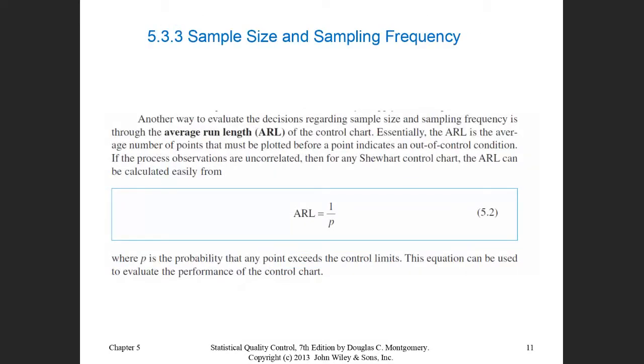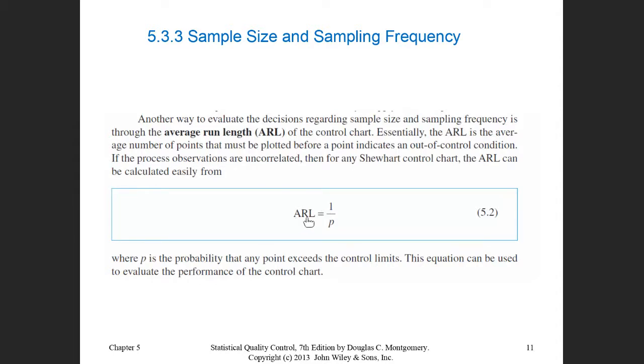As we said, the sampling size and frequency will be covered later, inshallah, in the future chapters. This is just to show you there is a formula called the average run length, which applies if you are using a 3 sigma control chart. Let's state the formula here.